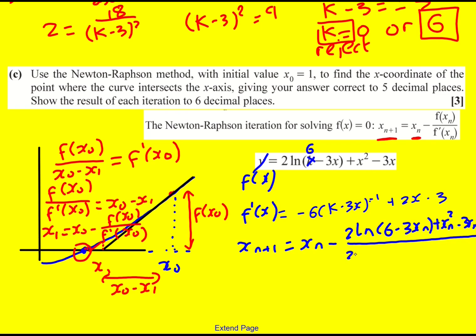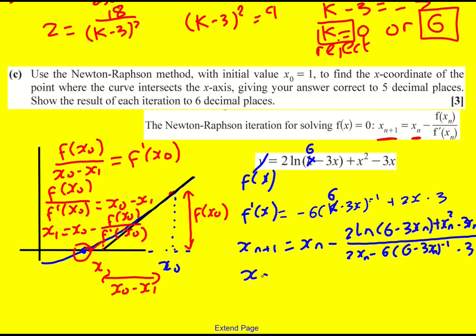How should I write it? Okay, I'll write it as 2x minus 6. I'm going to leave it as a negative index. Sorry, that should have been 6 because we've upgraded that. Rather than having fractions within fractions, I'll just write it like that, and then minus 3. Sorry, there should have been little n's here and here.